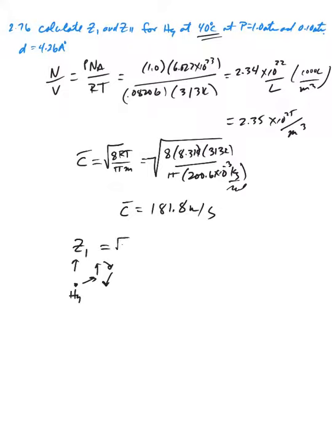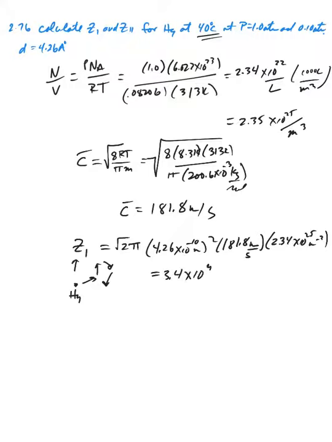That's going to be equal to the square root of 2 times pi times the collision diameter, that's this expression squared, times the speed that we just calculated, times the number density, 2.34 times 10 to the 25th inverse cubic meters. So an individual atom is going to make 3.4 times 10 to the 9th collisions per second. That's an awful lot.